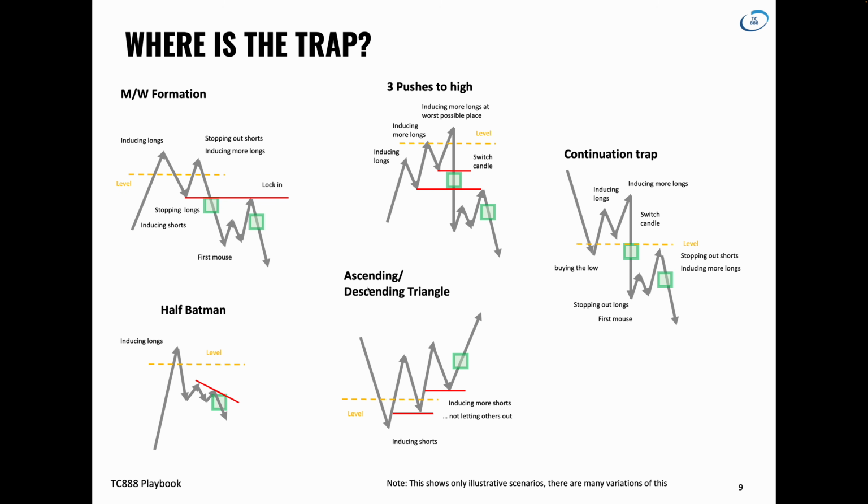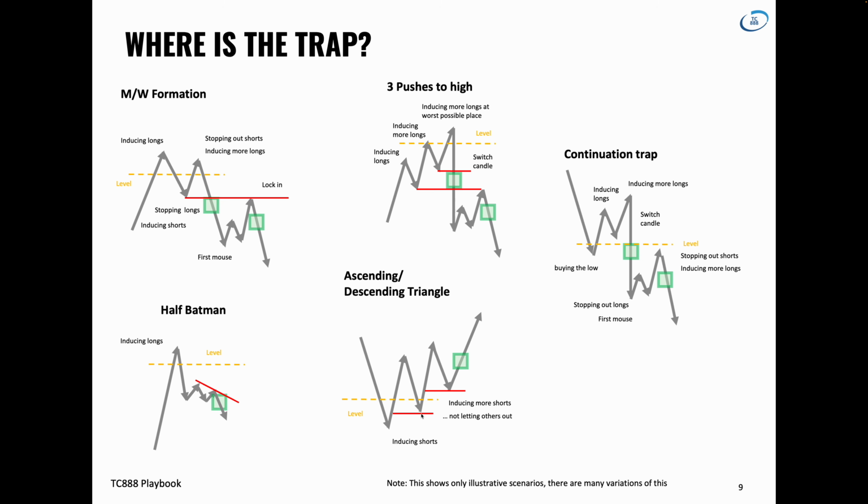Or ascending, descending triangle, also interesting. So it starts like a half Batman, so they trap a lot of shorts there already, but then they don't let them out again. So they induce longs, stop them out, induce shorts, but they don't let these shorts out again, you know? And then more longs, pull back.